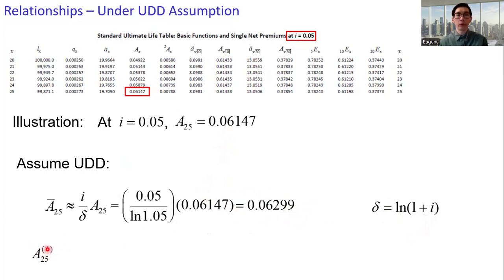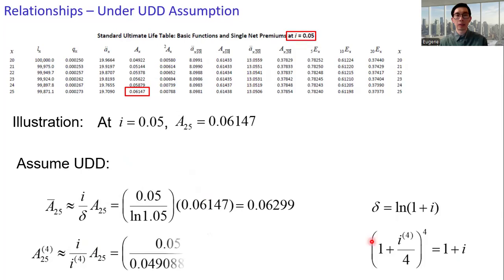And then for A_25 quarterly payment, the approximation is i over i^(4) times A_25. And then we have the relationship. Upon calculation, we get 0.06261.